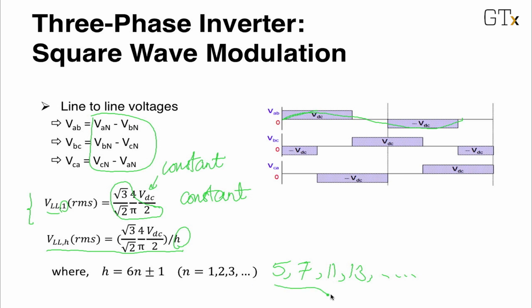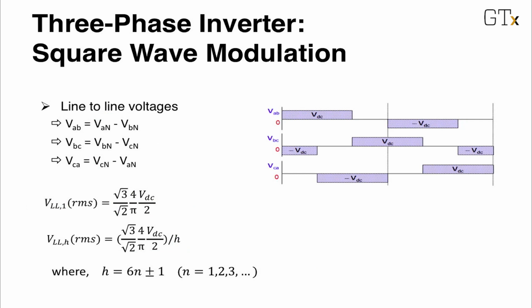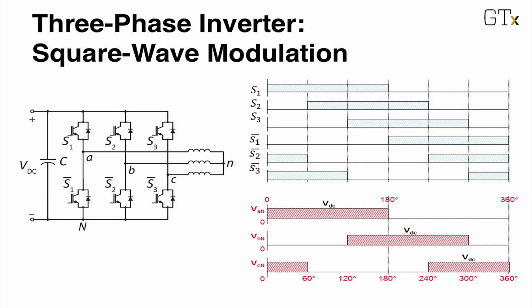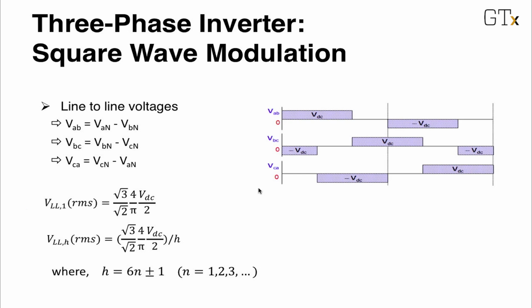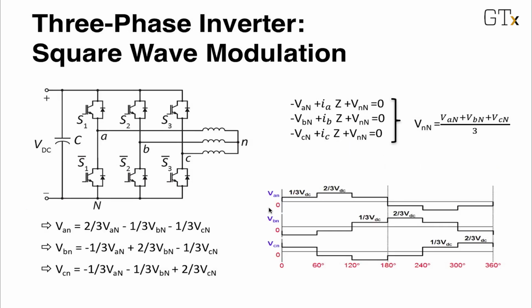Presence of low-order harmonics in the output voltages, and also having no controllability over the magnitude of the fundamental component. And as we discussed for the single-phase inverter, it's very easy for practical implementation, and the switching frequency of each switching device is very low. These are the advantages. However, having no controllability over the output voltage and also presence of low-order harmonics are the two major issues associated with this modulation strategy.